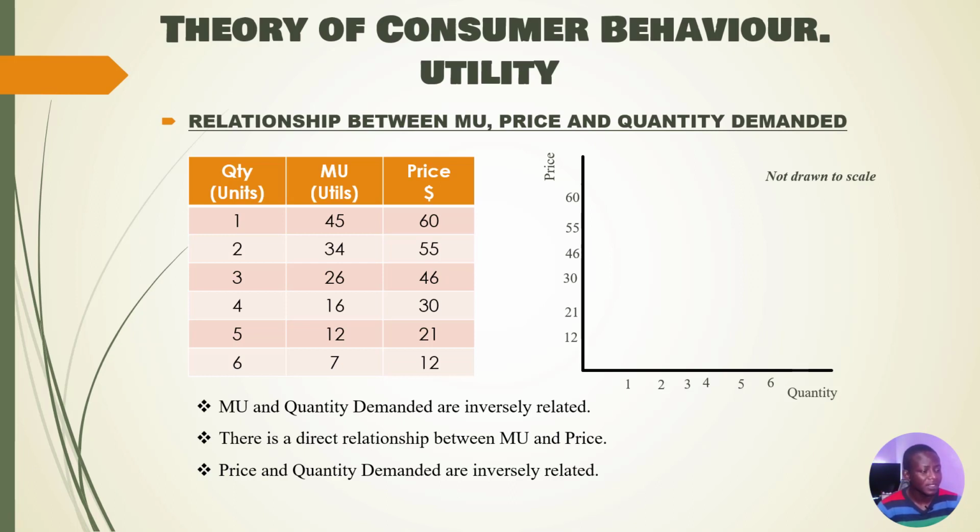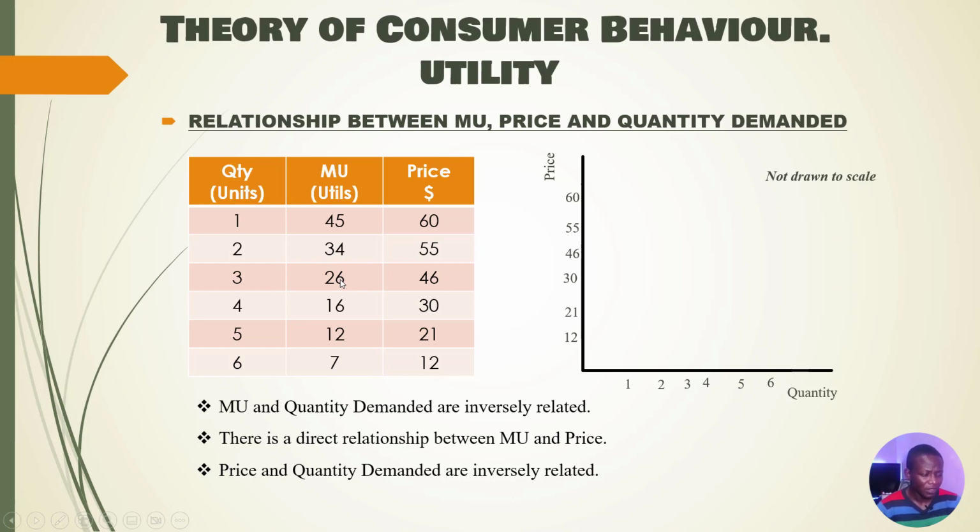So from this example that we have here, realize that as you consume the first unit of that commodity, the marginal utility was 45. When you increased the quantity from 1 to 2, the additional satisfaction that you derived from the second plate fell to 34.